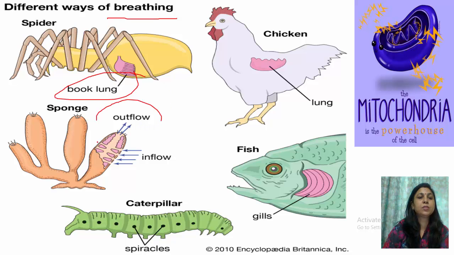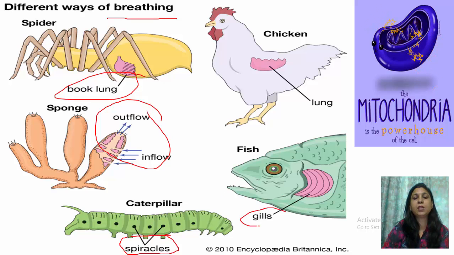In sponges, outflow and inflow, that is simple diffusion through the membrane. In caterpillar and other insects, spiracles help in the exchange of gases. In fish, it is gills, and in chicken and the higher animals, they are the lungs.